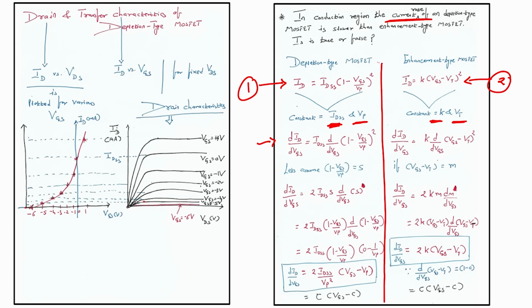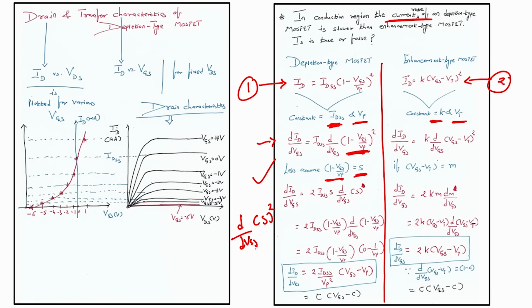Let us assume that 1 minus VGS by VP is my S. In that case, dID by dVGS equals IDSS times d by dVGS of S square, because we have considered 1 minus VGS by VP equals S.